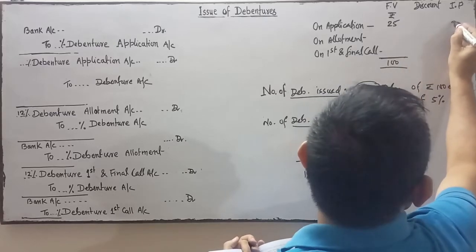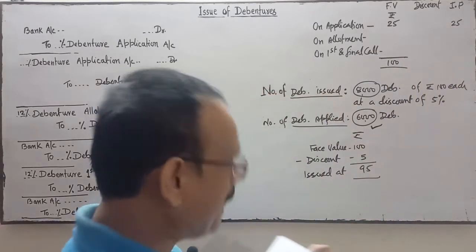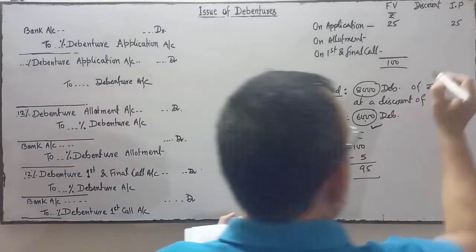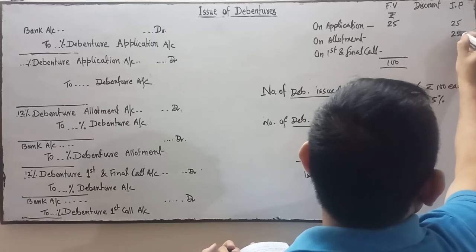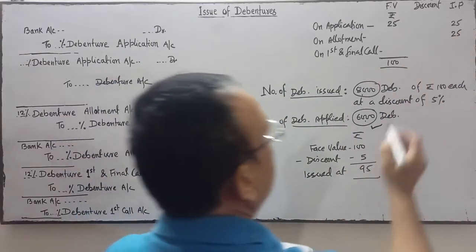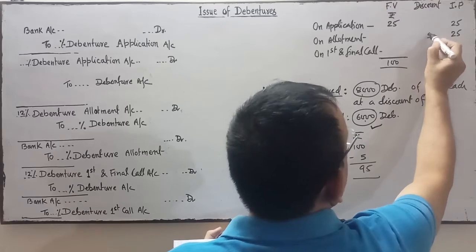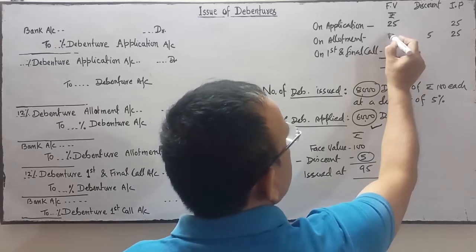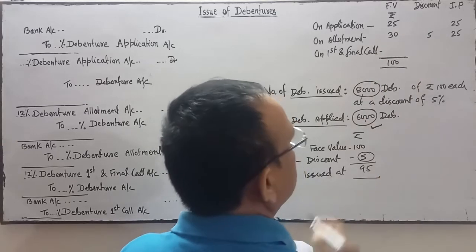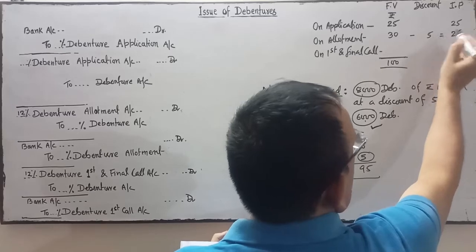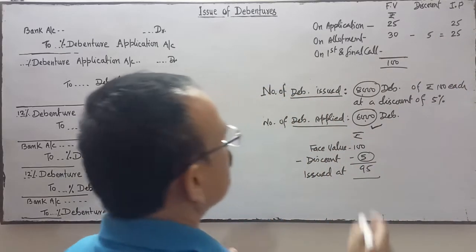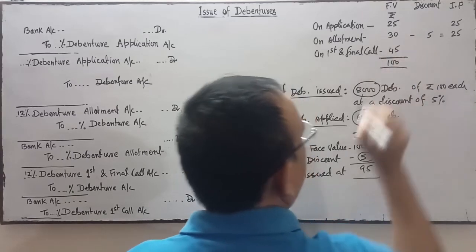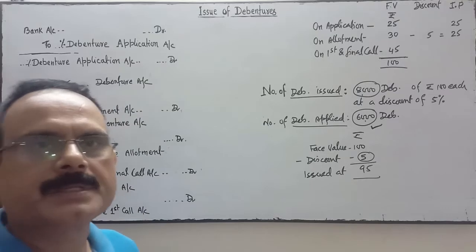Application is 25, as the payable amount is given. Allotment is also 25. If the discount of 5 rupees is here, then on the face value line it is 30, since 30 minus 5 is equal to 25. So the rest, the balance, is 45.